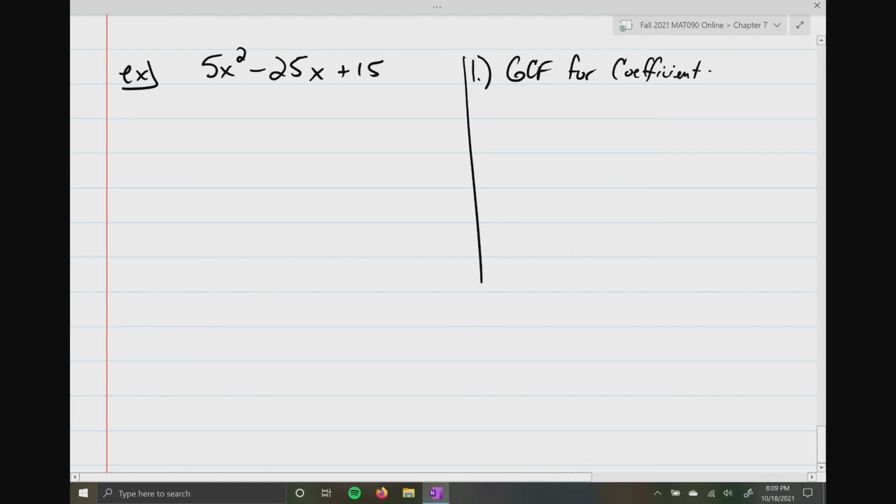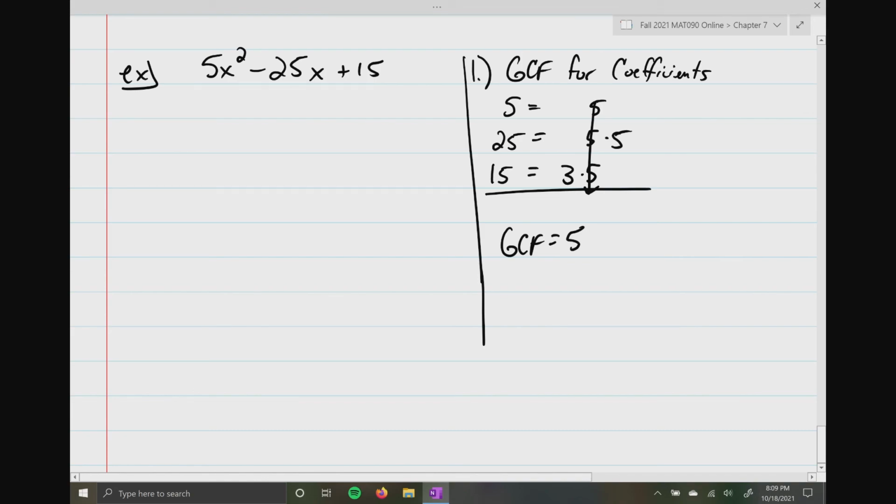So when you look at them, you've got 5, which is prime. You have 25, which is 5 times 5, and then 15 is going to be 3 times 5. So we definitely have a GCF for the numbers of 5.